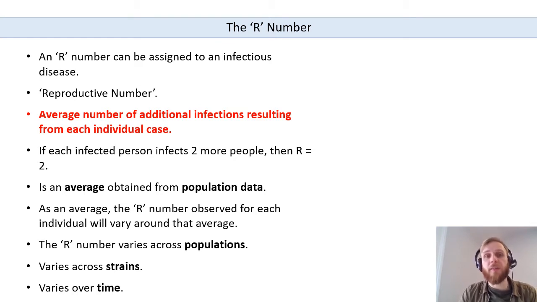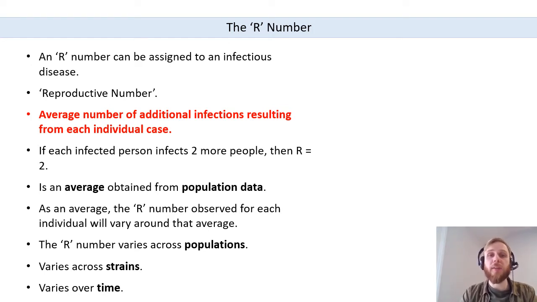It doesn't make sense, and that's because the reproductive number is an average, so it's not an actual expectation, it's an average expectation. Some individuals could become infected and cause a large number of additional infections, while some individuals who become infected could live fairly isolated lives and not pass the infection on to anyone else. Therefore, the reproductive number is an average of all these people.